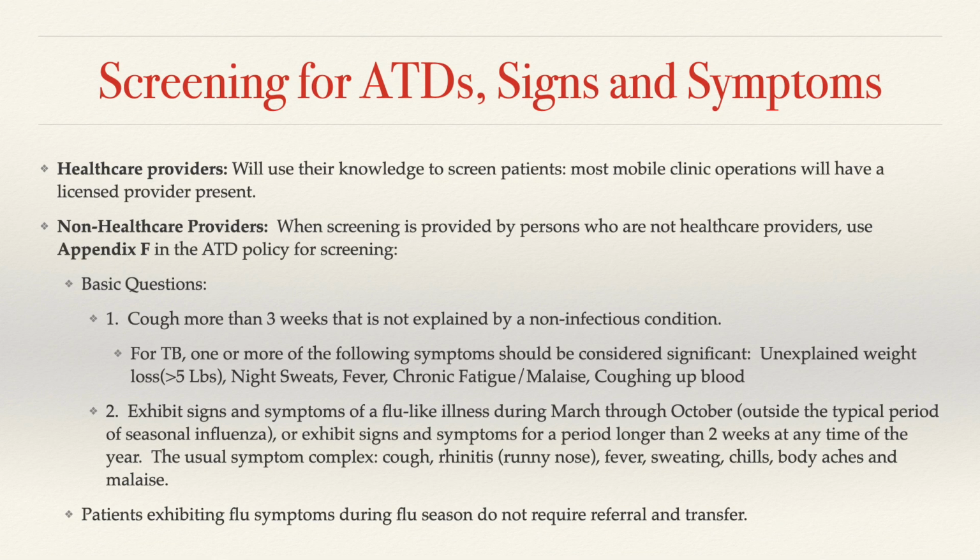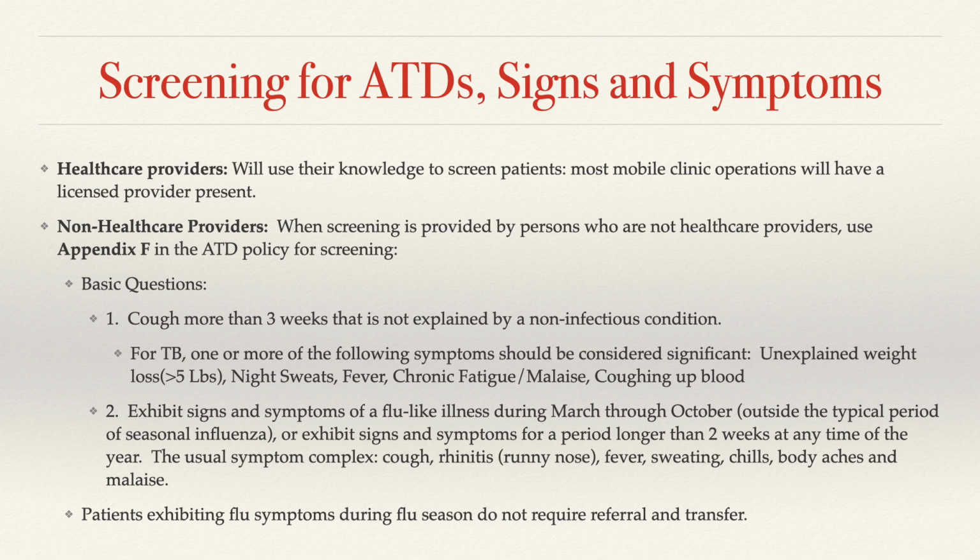So what about screening? According to the ATD guideline, healthcare providers will use their knowledge to screen patients. Now, we expect that during most mobile clinic operations we will have a licensed provider present. But what if we don't have a licensed provider? In that case, we will be using some principles out of Appendix F, which is in our ATD policy.